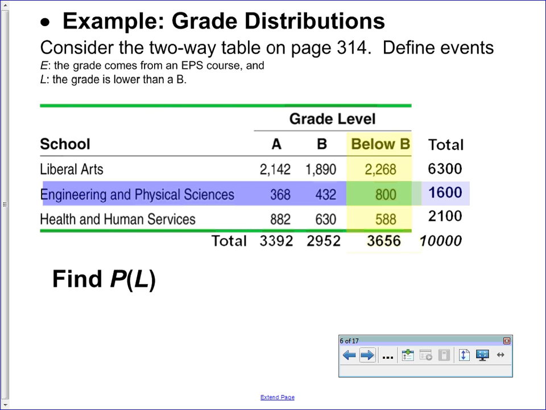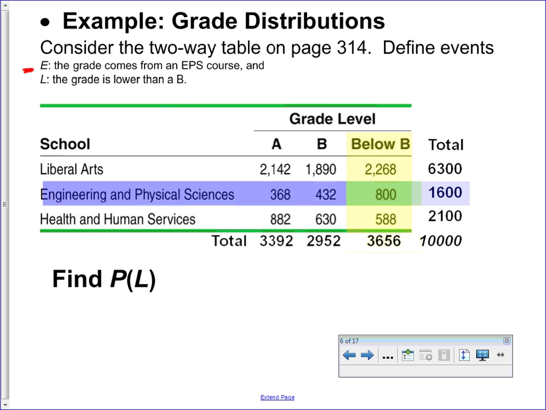All right, so first we're going to define 2 events. The first event is that, hold on one second. If you go to page 314 in your textbook, which you should have at home, they're talking about, I don't think you need it for this, but if you want to follow along, that's cool.